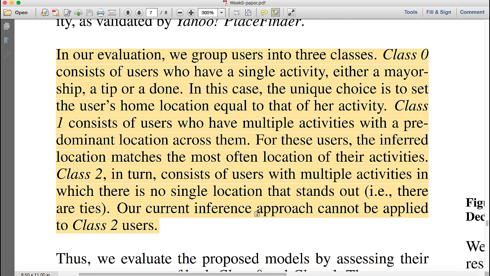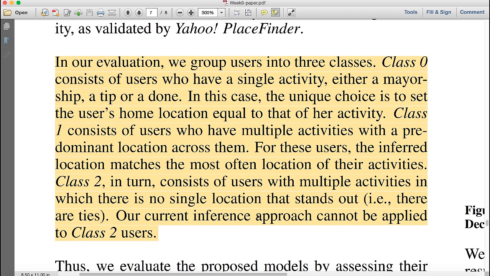Class 1 is a set of people where there's one majority location that shows up for them. Class 2 is a set of people where multiple activities are done, but no single location is predominant in their activity. So that's the classification that they made of the users.